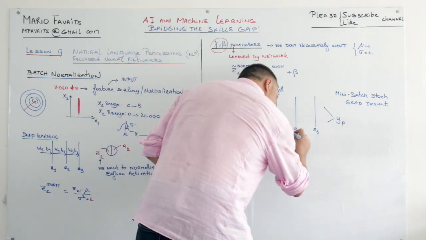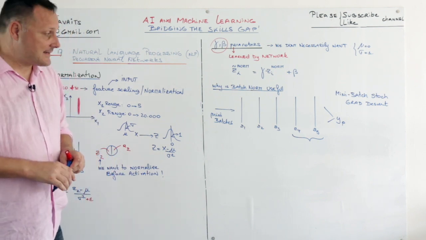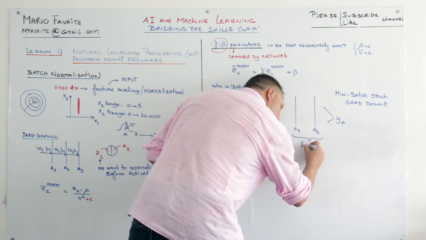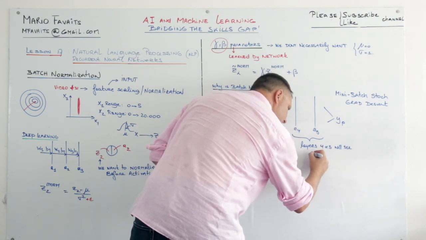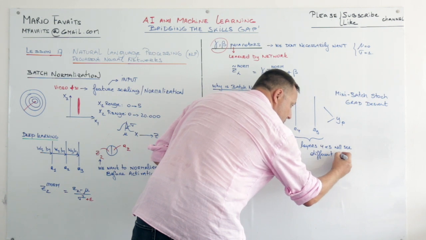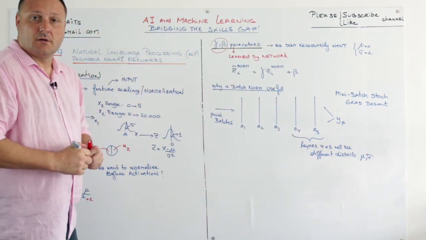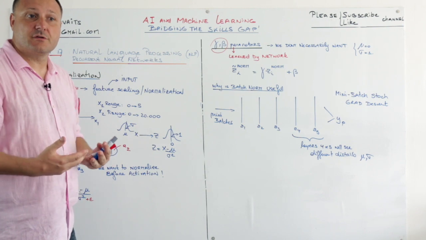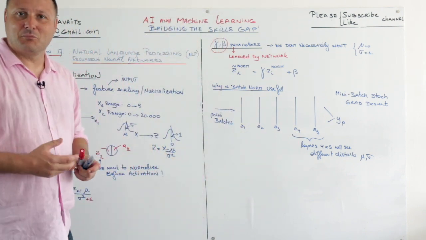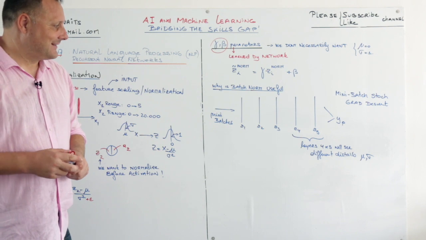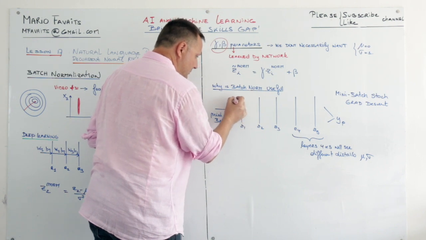And layers 4 and 5, if we use mini-batch stochastic gradient descent, which is in most cases the case, will see different distributions, with mu and sigma, because you take a little batch and the distributions of all these batches will not be the same, which is not very good because it will create some noise and it will slow down your gradient descent.